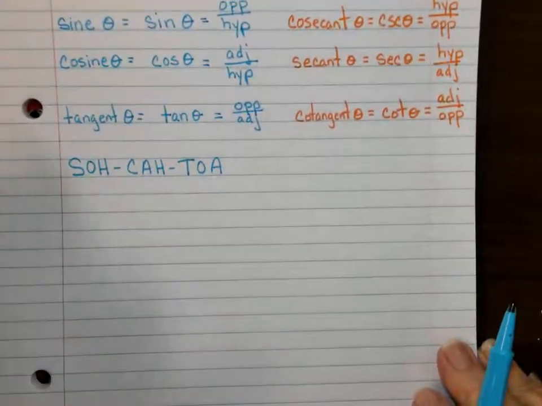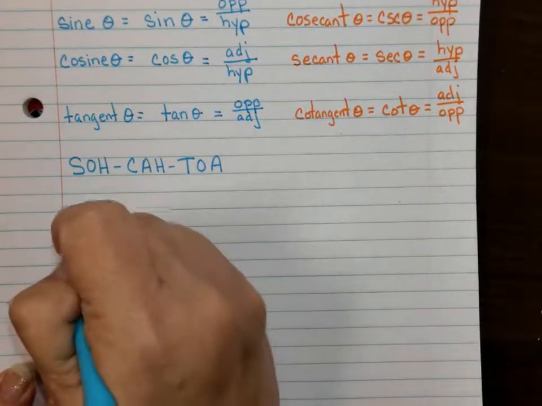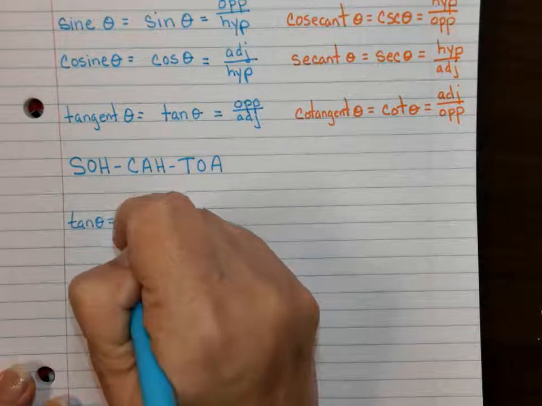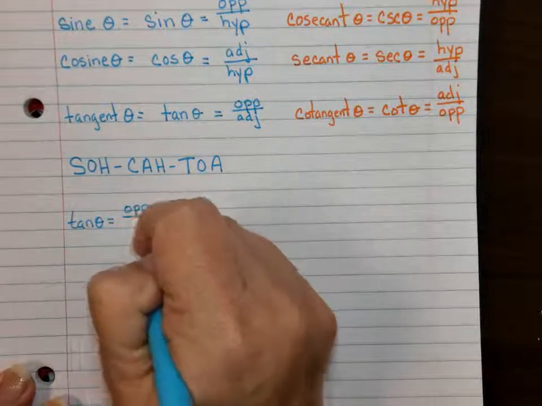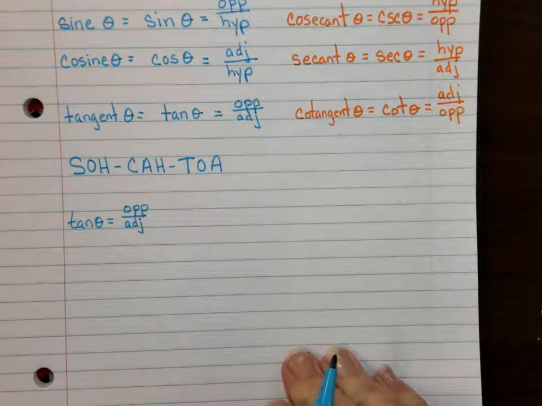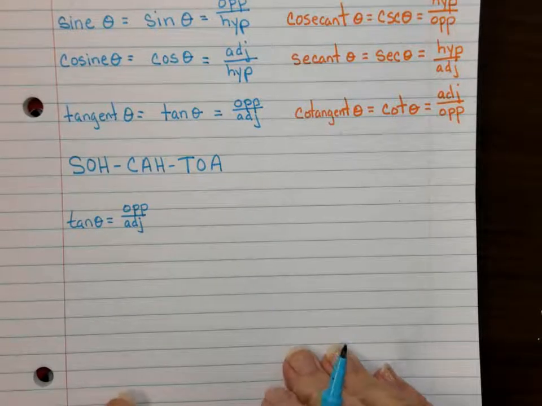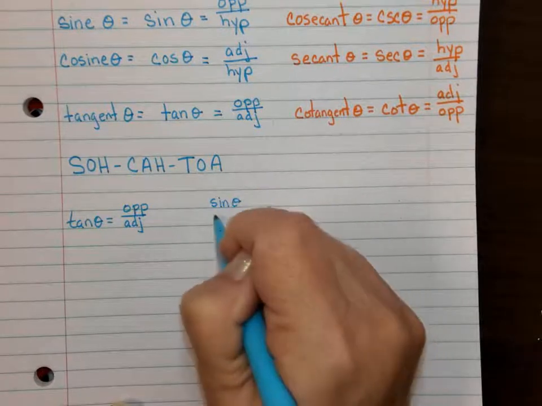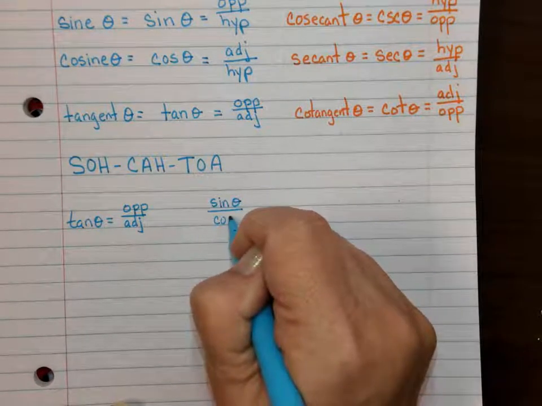So, let's look at the fact that tangent of theta, we know is equal to opposite over adjacent, right? We know that to be true. That's the definition for tangent. But what if I take sine of theta divided by cosine of theta?